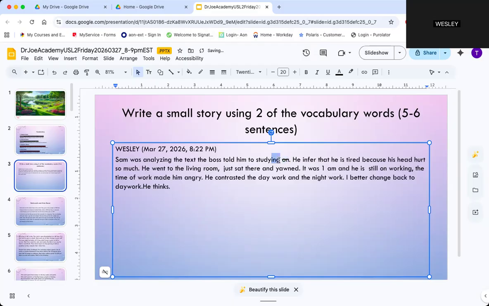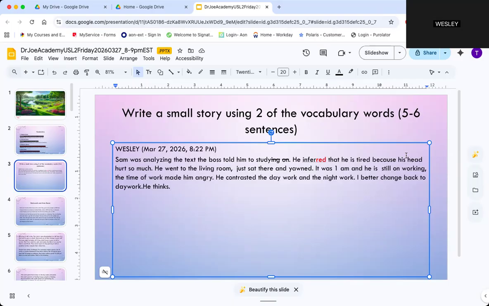Just study is enough. He inferred that he is tired. His boss inferred that he is tired, because instead of saying is, we don't know Sam doesn't know his head hurts.